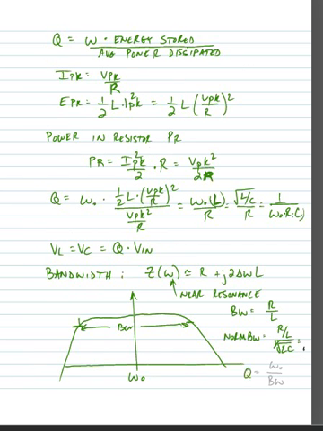In other words, we can say that Q is equal to omega naught divided by the 3 dB bandwidth of the circuit. Now, as before, if we have a small Q, we have a large bandwidth. And if we have a large Q, we have a very small bandwidth. Alright, so we'll look at some examples of RLC circuits in class.